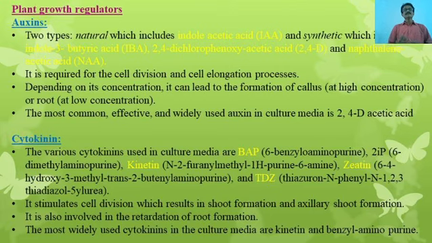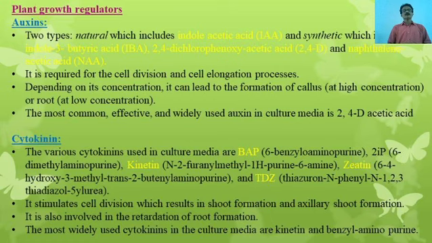It stimulates cell division, which results in shoot formation, mostly axillary shoot formation. It is also involved in the retardation of root formation. Now see, we saw that auxins in low quantity promote root formation, but cytokinins retard the root formation.